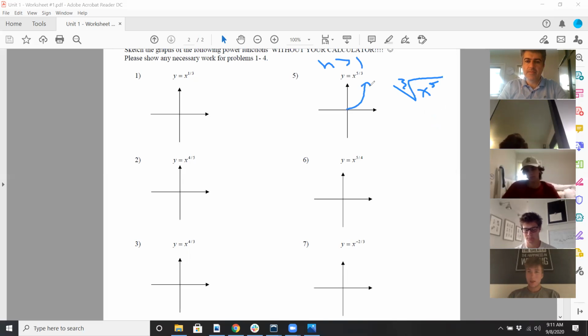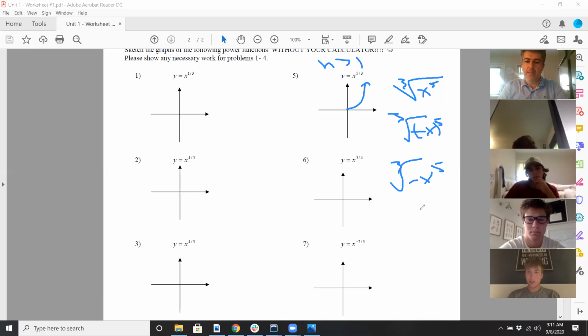It looks like this. And you could plug in negatives. That's okay because you're doing an odd root, a cube root. But the output's going to be negative, because you're raising negative x to the 5th power, which is negative, and then you're cube rooting, so you can pull out a negative. So the output will be negative. Your curve is going to look like this.